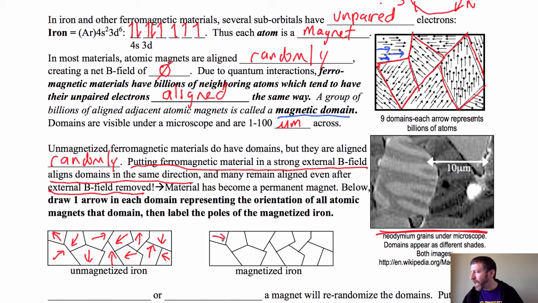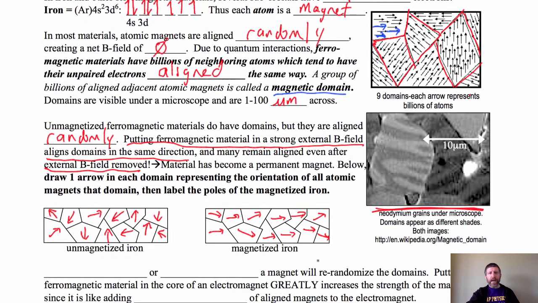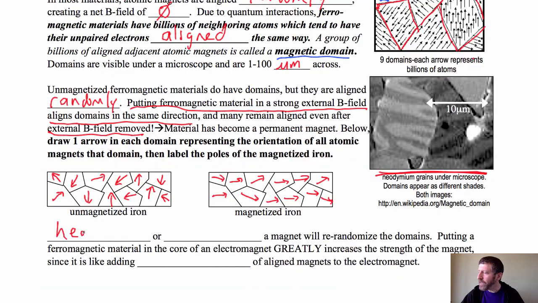They're never lined up perfectly, but they all tend to line up in the same direction, and that is a magnetized piece of iron with all the domains relatively in the same direction. As I mentioned, heating or hitting a magnet on the ground or on something solid will re-randomize the domains.